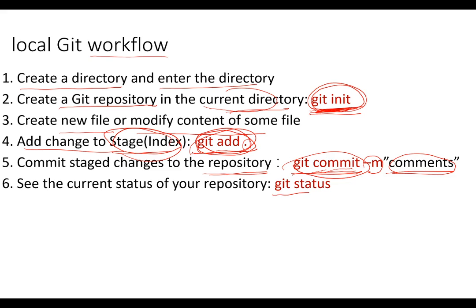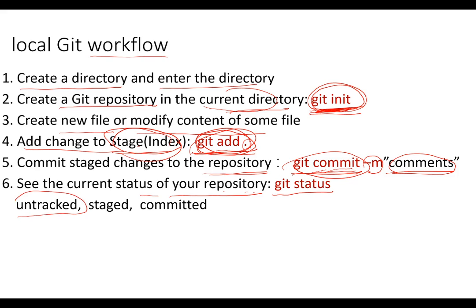Sometimes you may use git status to check the current state of your repository, your stage, or your working directory. If a new file is created but you did not use add, then the file will be untracked.